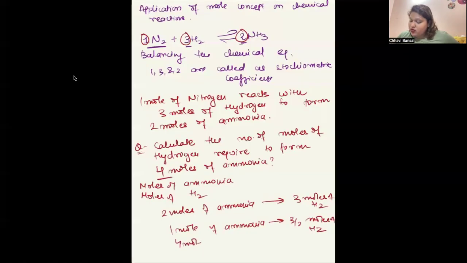So 4 moles of ammonia will require 3 by 2 multiply 4, which is 6 moles of hydrogen. Okay? Is it clear? Any doubt? This is the simplest form of the question that can be done using the mole concept on chemical equations. Let's see different types of questions.